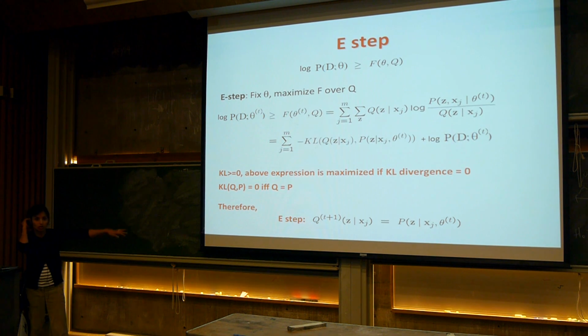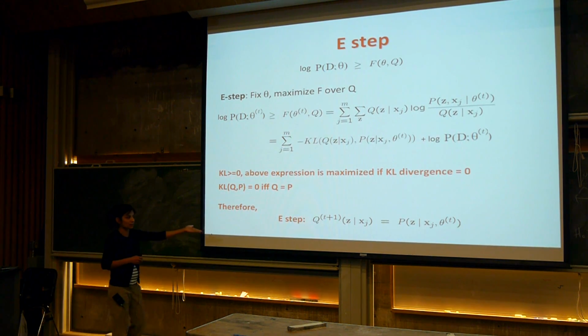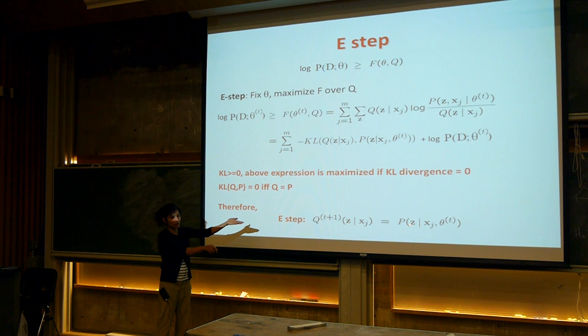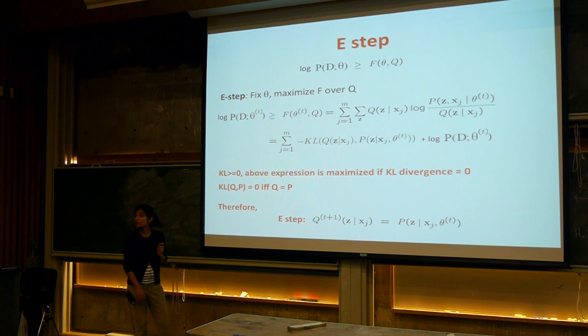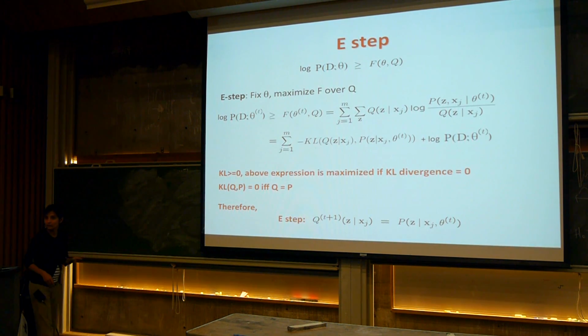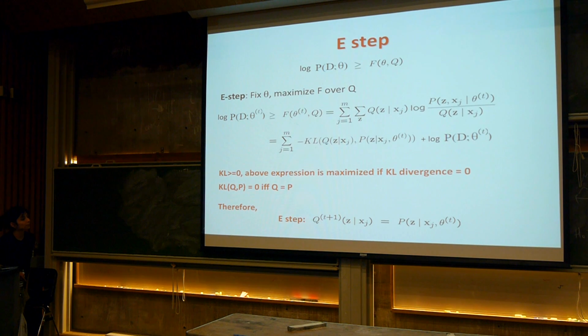If you were doing this for the Gaussian mixture model, it exactly tells you that the E step is you compute the probability of your hidden class labels, the mixture assignments, given your data point. That's all you're doing in the E step, and it's a formal justification for it. So that's the E step.